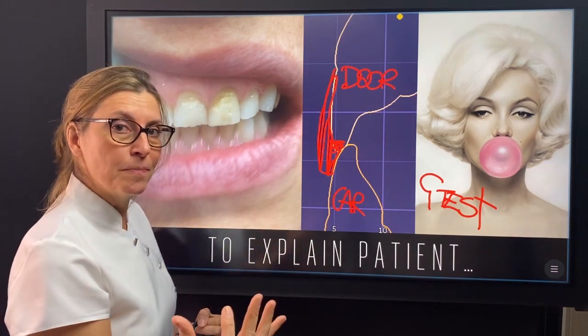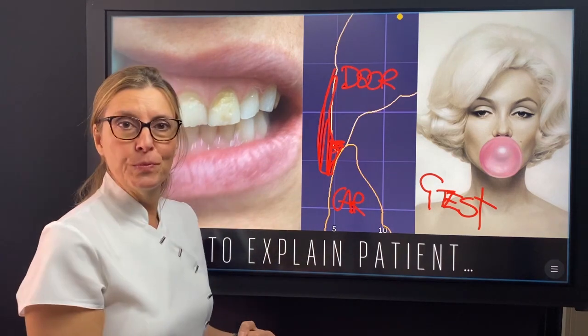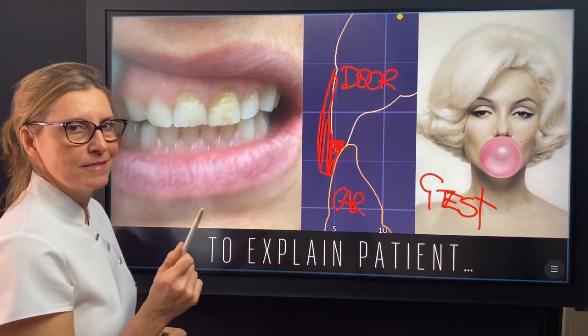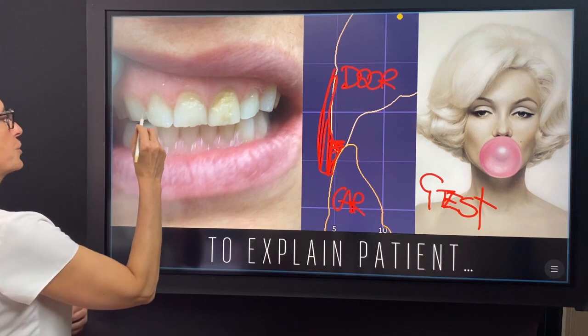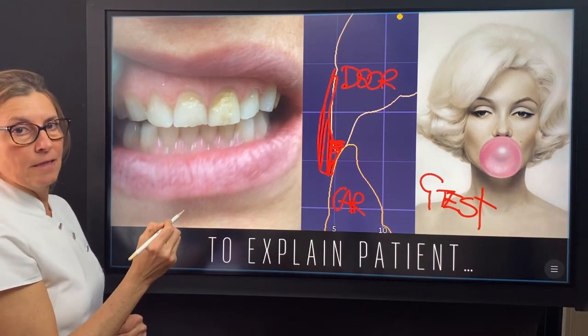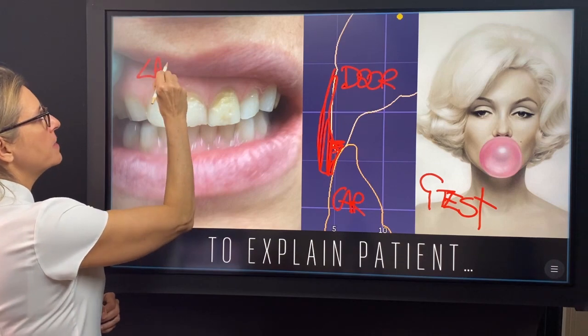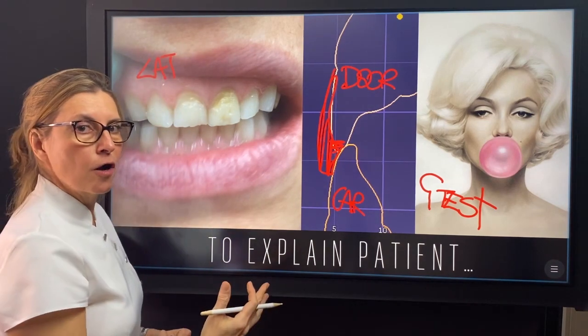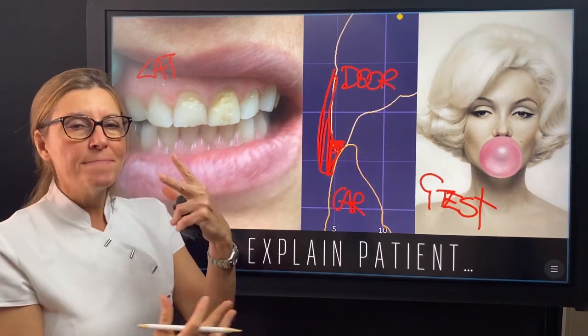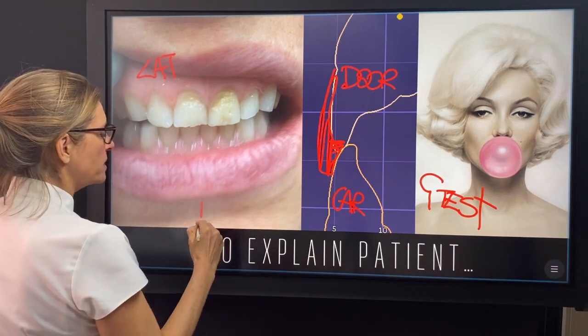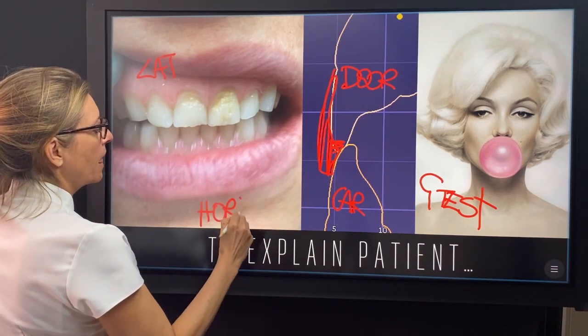So how can we explain this to ourselves and to the patient with a simple three-step semiotic trick? Take the lateral, because it's the tooth where the majority of the functional conflict related to a more horizontal mastication happens.